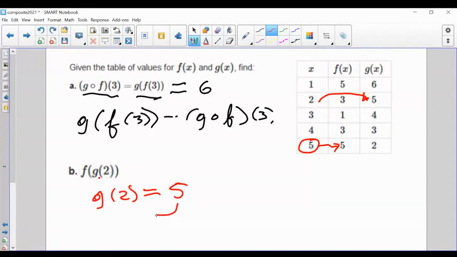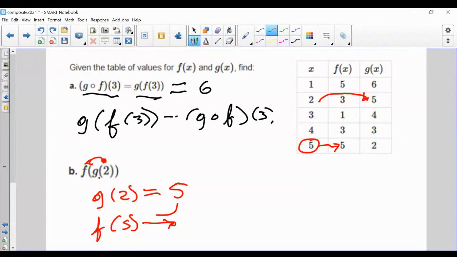Take that 5 and find the f of 5, because whatever that is, that's our answer. This says find the g of the function, take that g, put it into the f. So I need to find the f of 5. So I go to my function and find where the 5 is and go from the 5 in the x column over to what the f of x will give me, which is in fact, as it says there, 5.